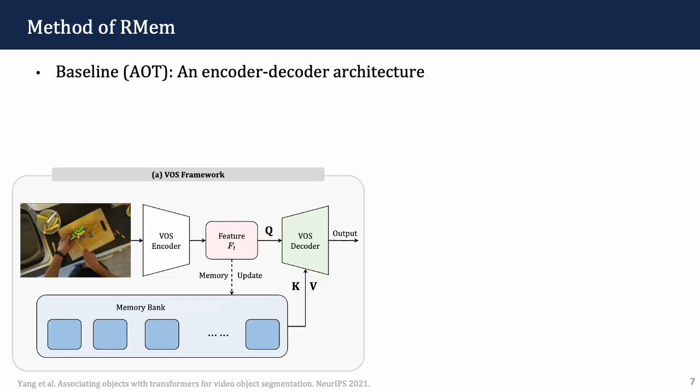To reflect our insights of the negative impact of a larger VOS memory bank, we design our method RMAM accordingly. Our baseline is an encoder-decoder architecture of VOS methods like AOT, where the decoder uses the memory bank as the keys and values to generate the masks on the current frames.